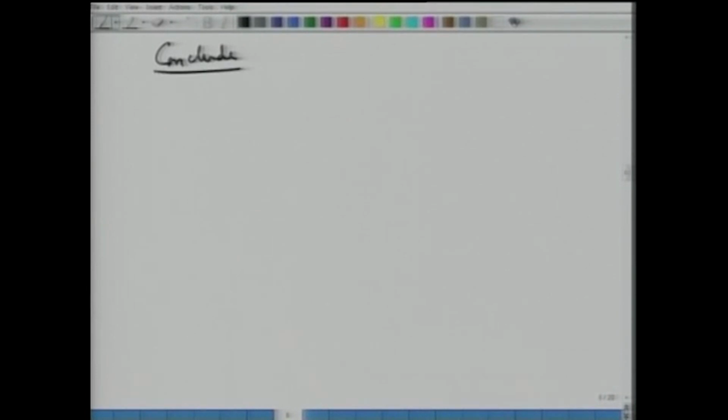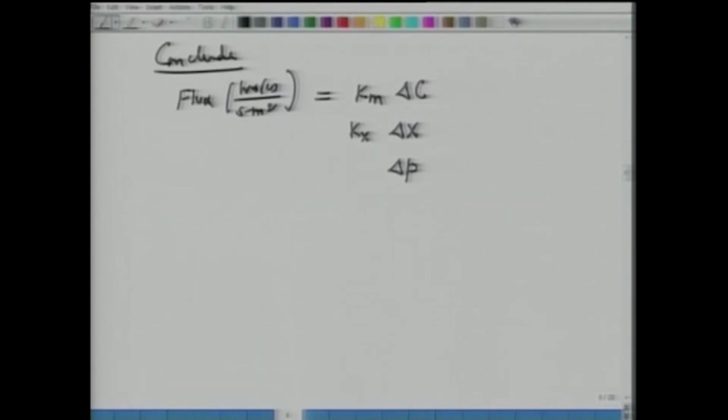So that means we can conclude that flux, in moles per second per meter squared, can be written as Km times del C, or as Km times del X, or as K times del P. Of course, the values of Km will be different in all cases. Generally, we write Kx, we write Kg if it's a gas, and if we are using concentrations, we write Kc.